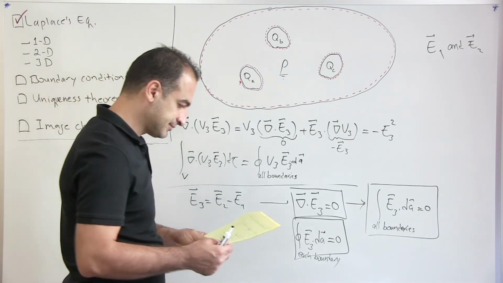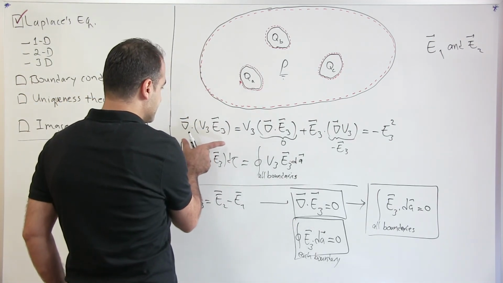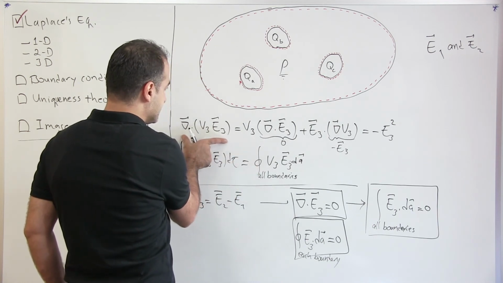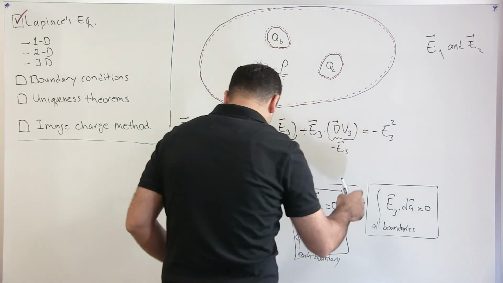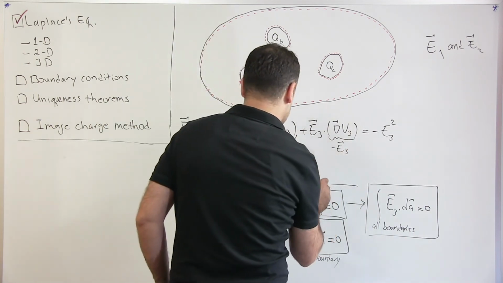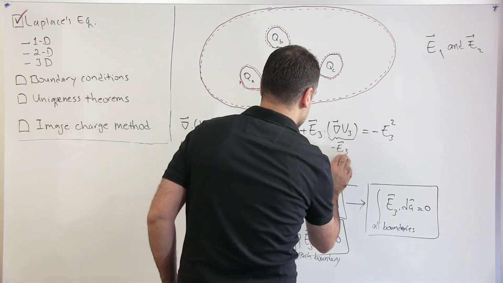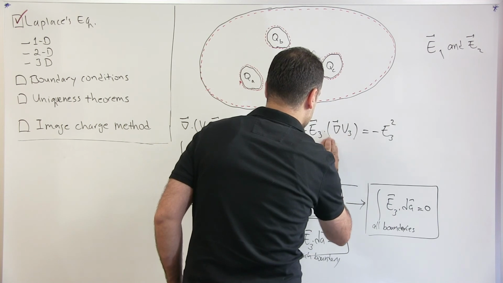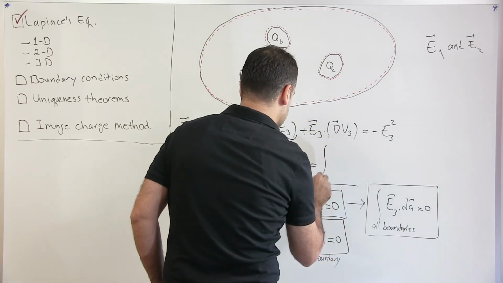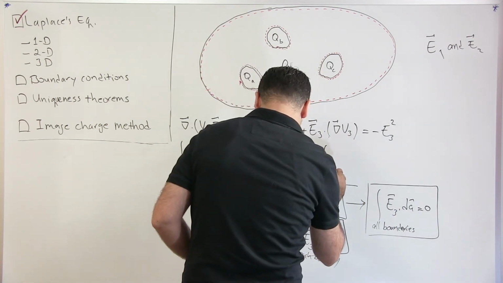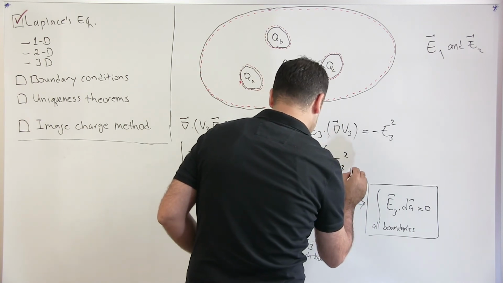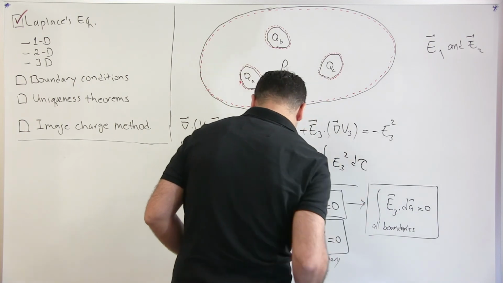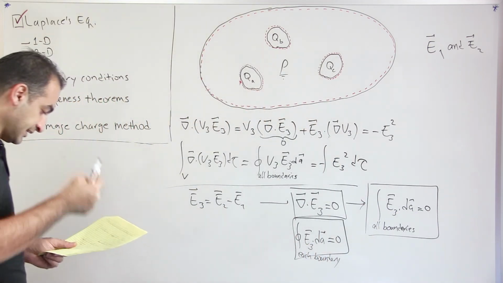But we also know that this divergence is equal to negative of E3 to the power of 2, so that should be equal to the integral of negative E3 to the power of 2 times d tau.